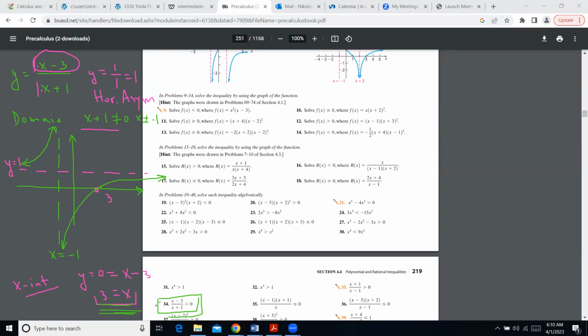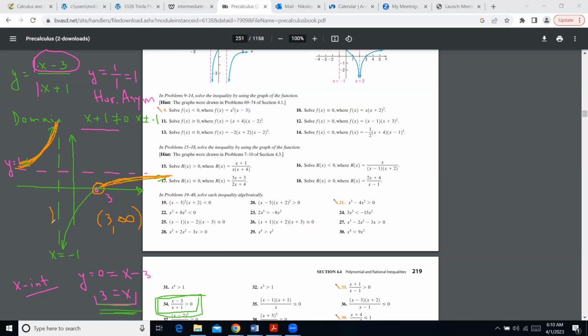So we're done with graphing, but now the main question comes. When is it greater than 0? When this graph is above the x-axis. Well, this portion of the graph is above the x-axis, as well as that portion. 3 is out. So from 3 to the right, or to infinity, that's my one piece.